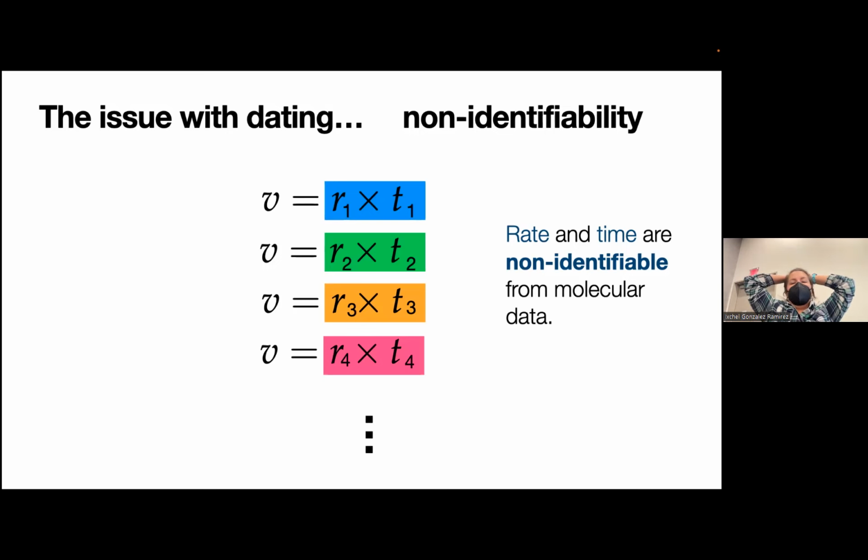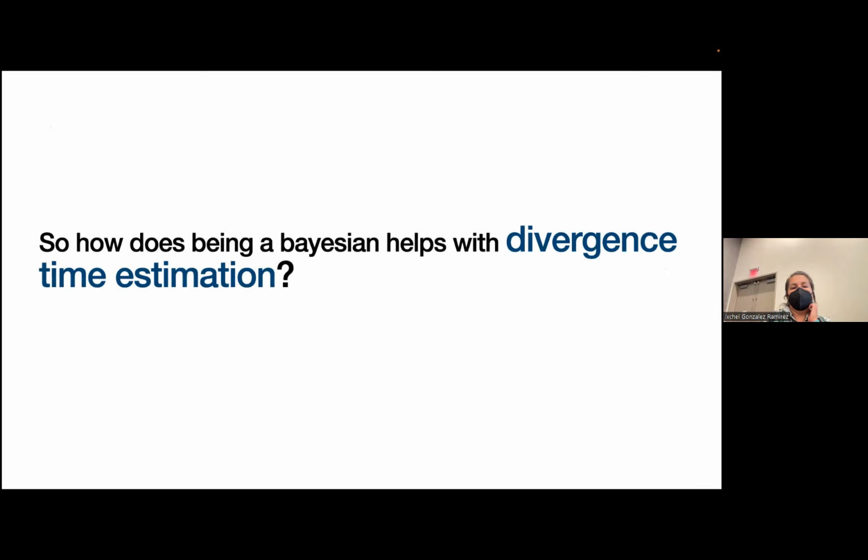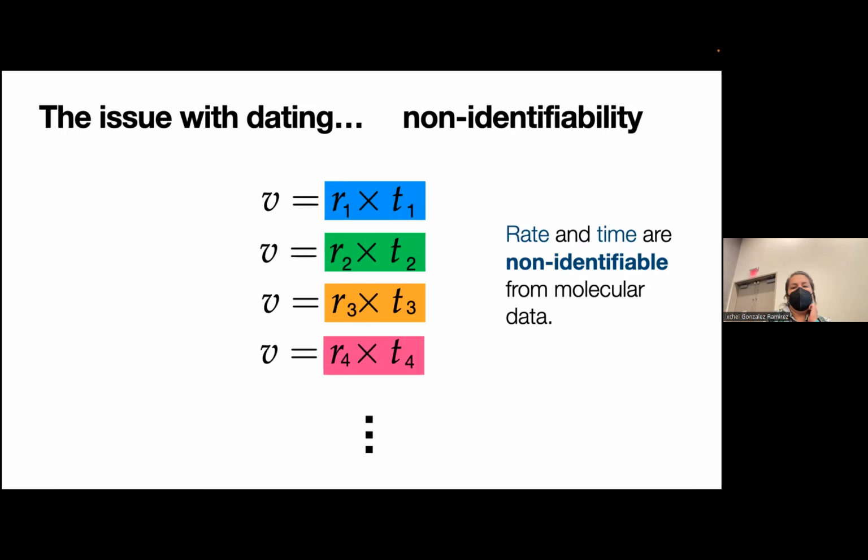We're going to talk a little bit about that, but that depends on the model of morphological change. It's analogous to molecular change. So data, rate and time are conflated by character data. We cannot really disentangle them.